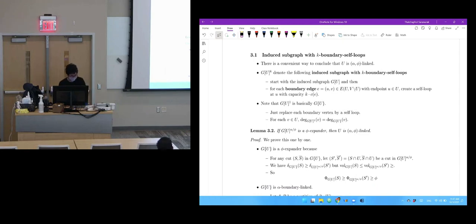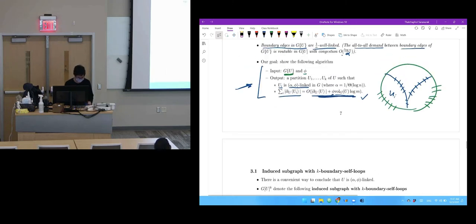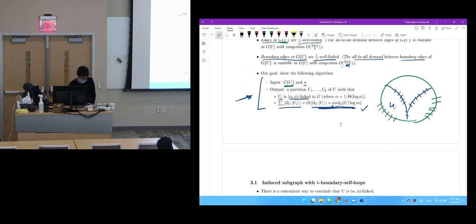So just to recall, here we want that, given a graph, we partition it such that each part is alpha-phi linked, and the number of edges crossing is this much, like the number of boundary edges plus phi volume log m.